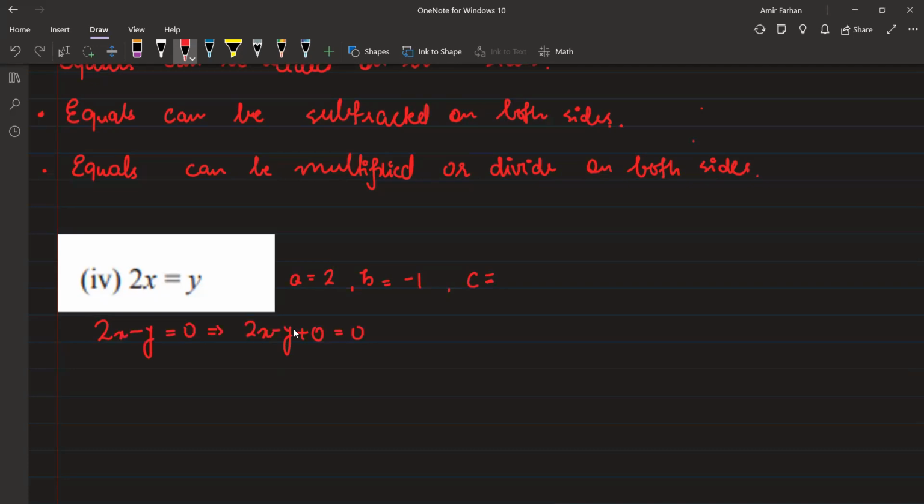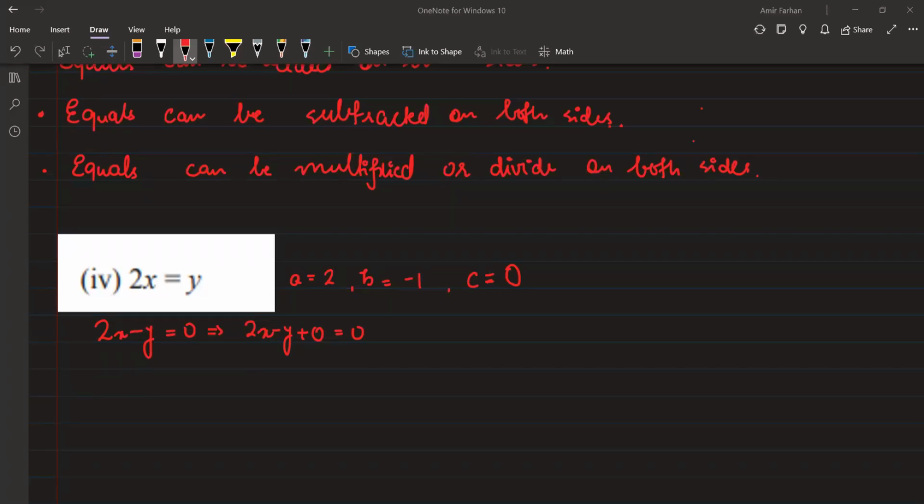If you add 0 to anything, is there any change? No. So the value of C is 0, because this is AX, this is BY, this is C. So C will be 0.